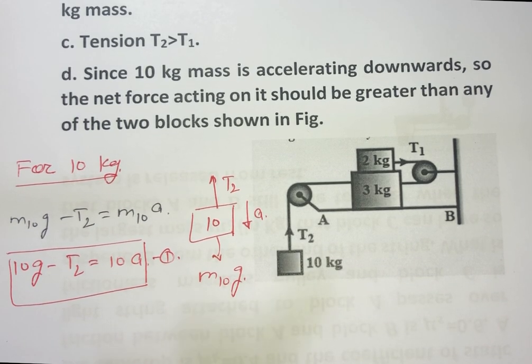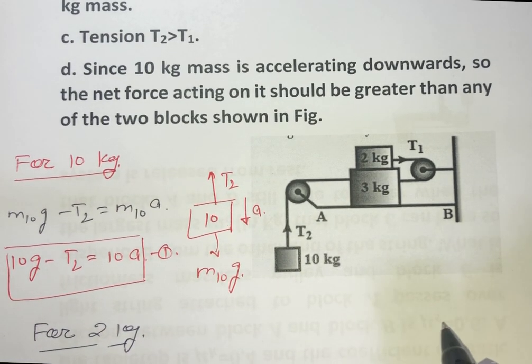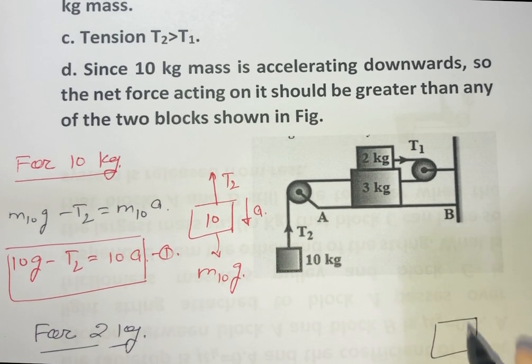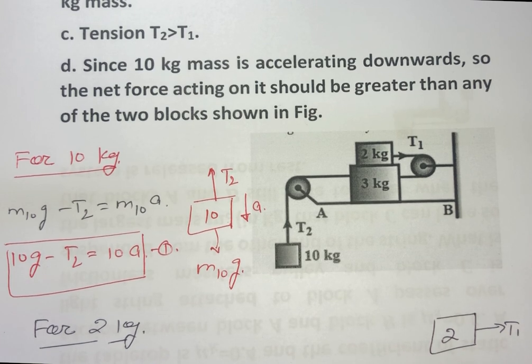Now let's write for 2 kg. For 2 kg, we have a tension T1, and there will be a frictional force acting on it.